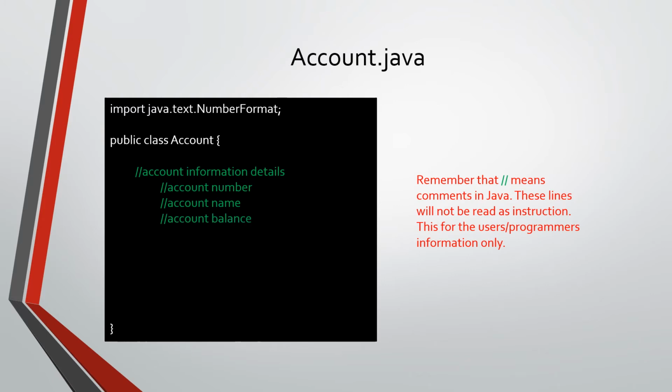Next, we need a method for deposits, a method for withdrawals, a method for adding interest, a method for displaying the balance, and finally, a method to display the account information as a whole.